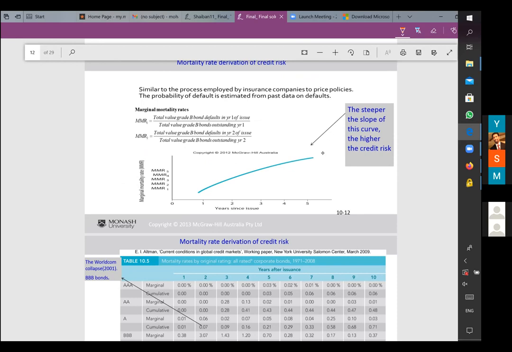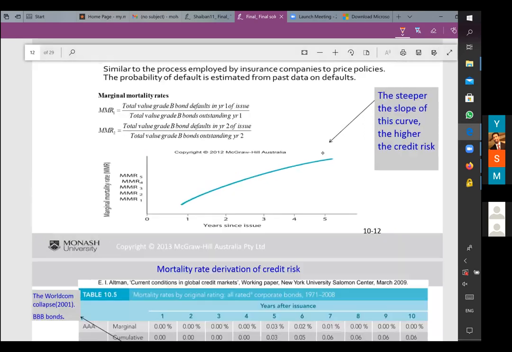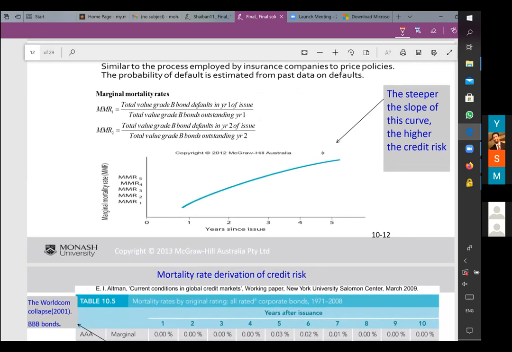So if you look at this graph, this is a bond that we are going to invest in. Maybe it's a class of bonds, this is for B bonds. We have rating B bonds, and the bonds of course go for 30 years, and this is published data, they publish it always.